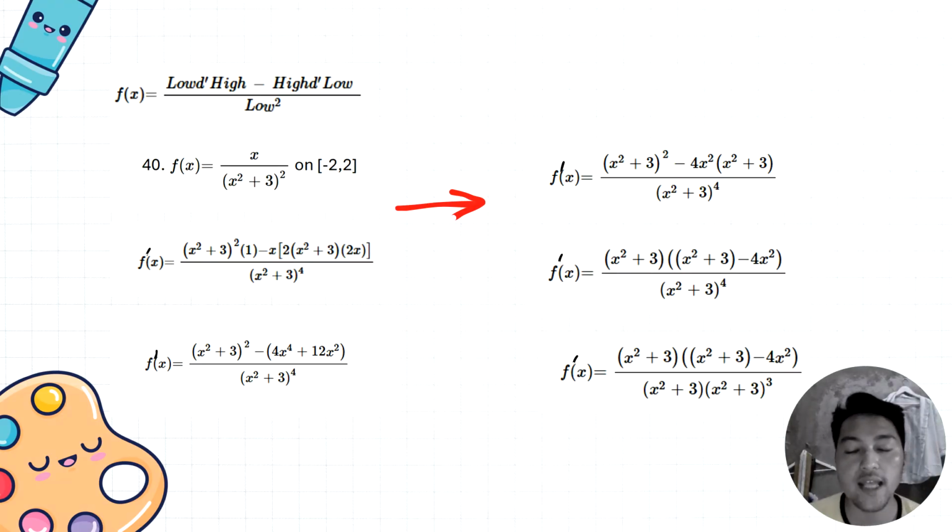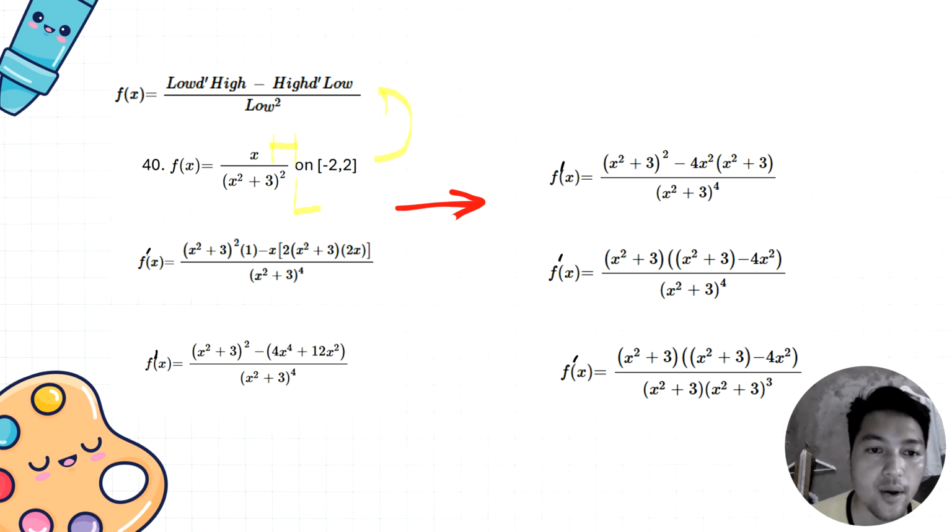Today we are going to apply the quotient rule to our task. Take note that the numerator is going to be high, and the denominator is going to be low. So we plug all of those into our quotient rule.